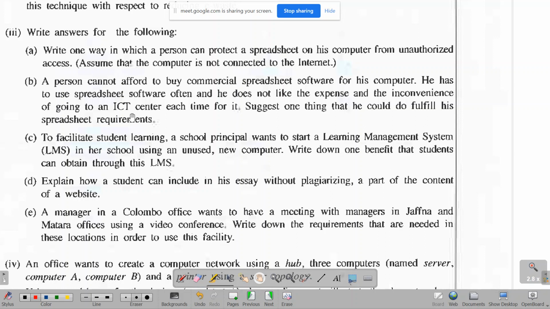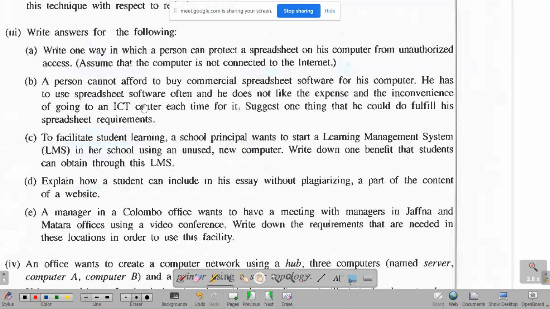Right, so the B says a person cannot afford to buy commercial spreadsheet software for his computer. He has to use spreadsheet software often and he does not like the expense and the inconvenience of going to an ICT center each time for it. Suggest one thing that he could do to fulfill his spreadsheet requirement.